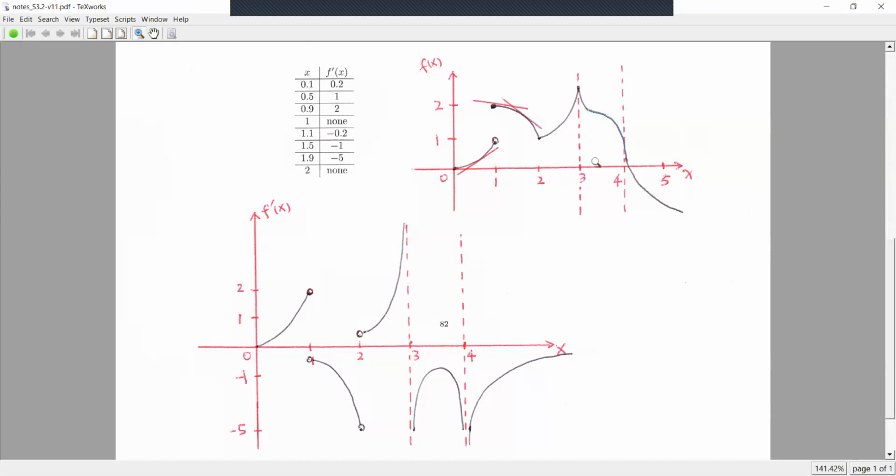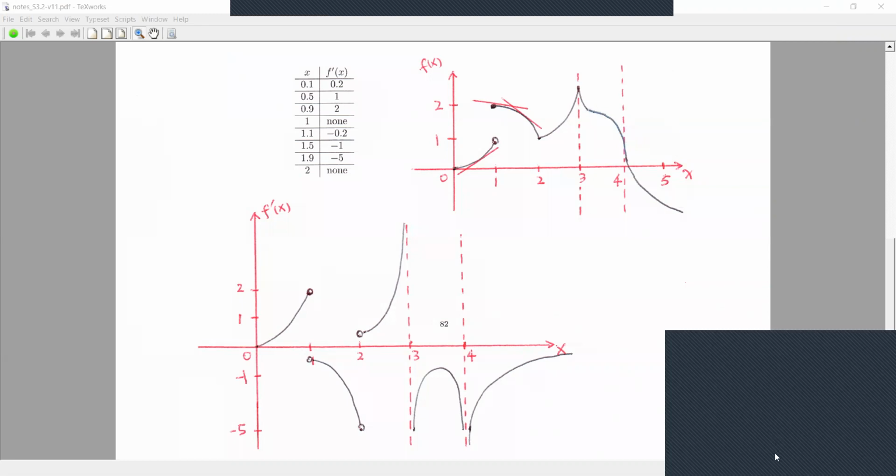So derivative is dropping from large negative to small negative. But beyond some point, the tangent line becomes steeper and steeper again. So beyond some point, derivative is increasing from small negative to large negative again.